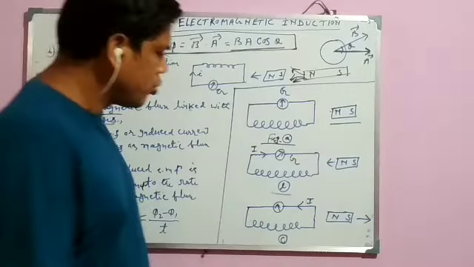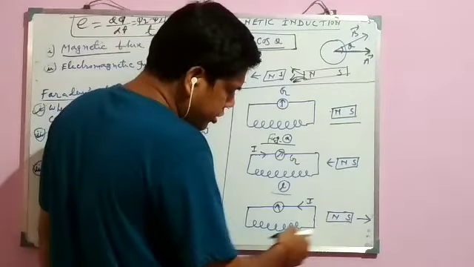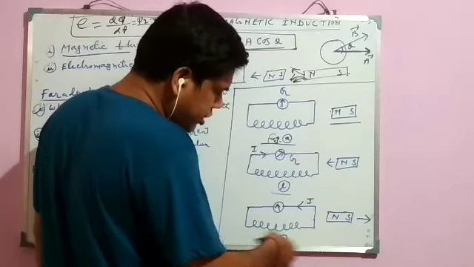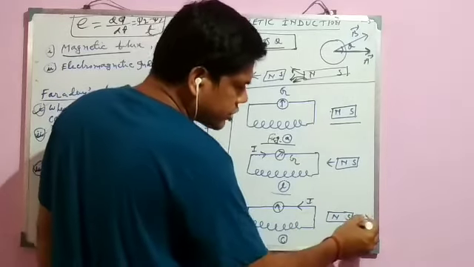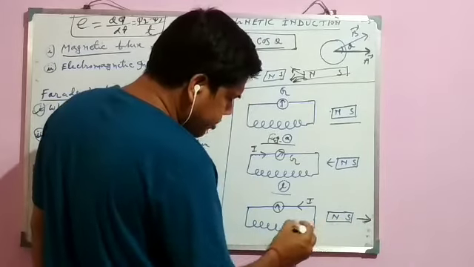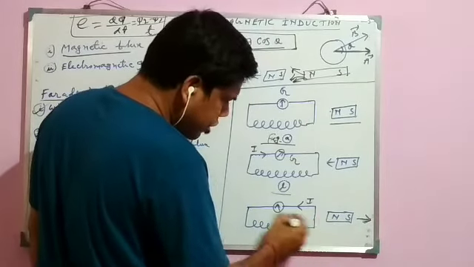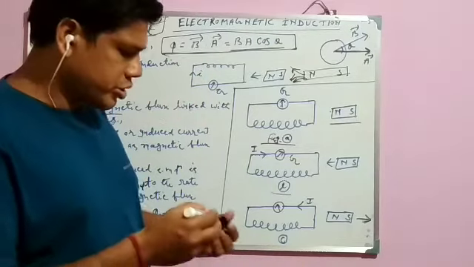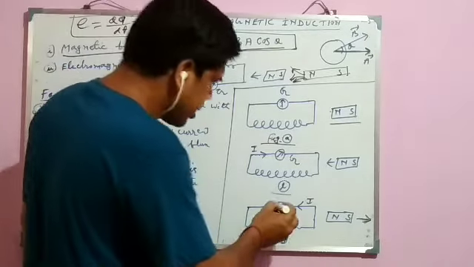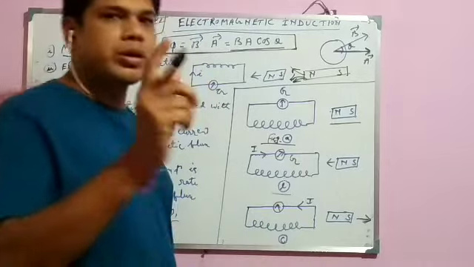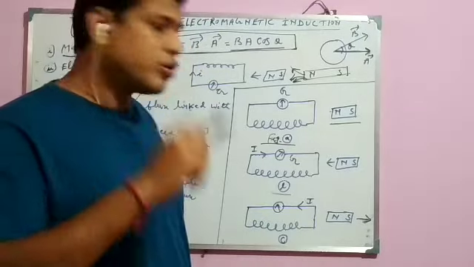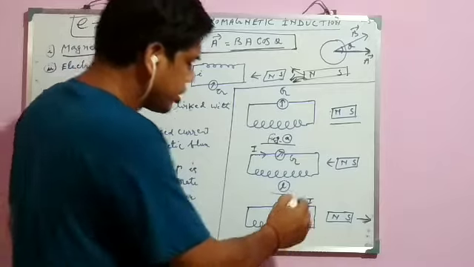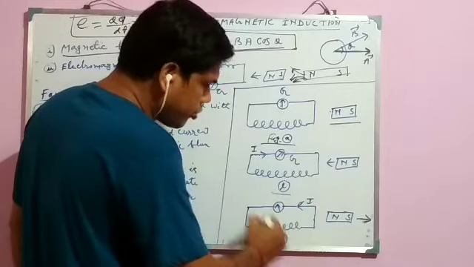Similarly, when we move the bar magnet away from the coil circuit, the magnetic lines of force linked with the coil change with respect to time. So here also the needle of the galvanometer deflects, but in the opposite direction, so current flows in the opposite direction.